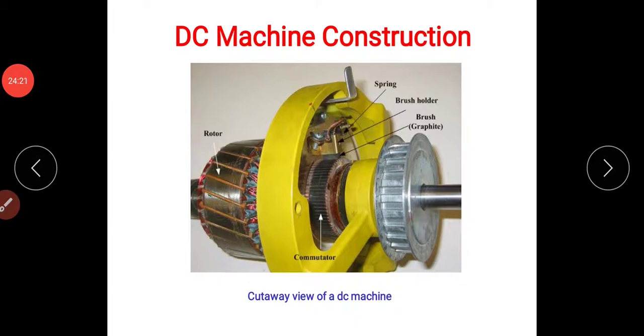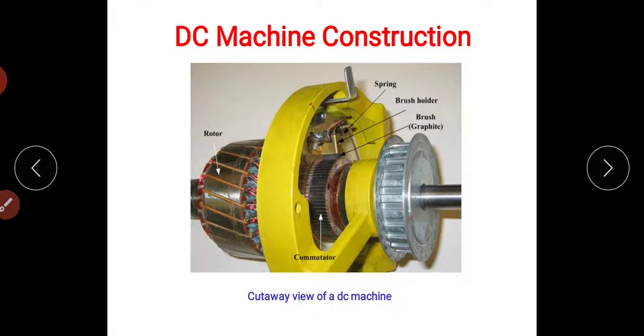Finally, we can say the main parts of a DC generator or DC machine are the field system, armature system, commutator and brushes. The field system produces the constant magnetic field inside the generator. Next, the armature: if you rotate the armature inside this magnetic field, the EMF is induced across the armature winding.